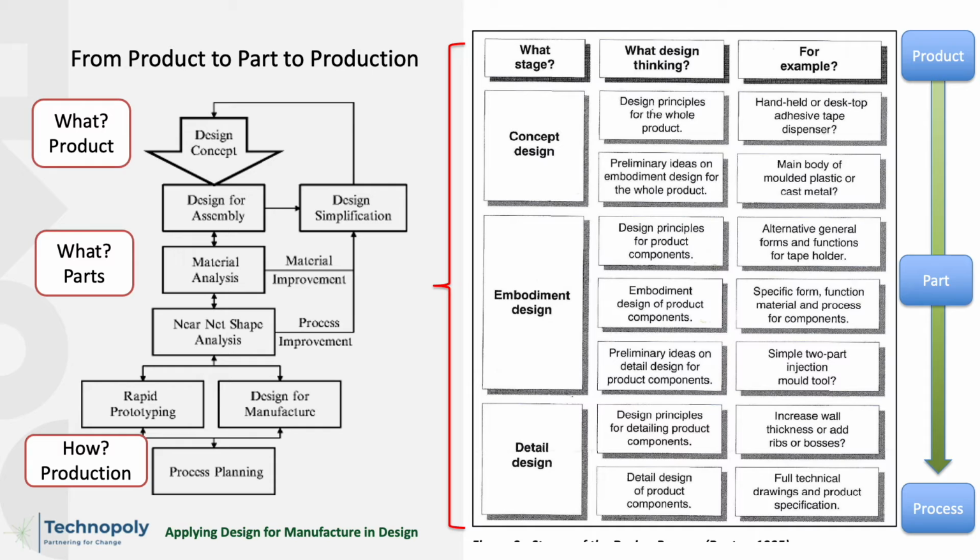In essence, when you look at the entire flow here, we now look at designing our product with an approach that's going to be guiding us to making sure that step by step, from product to part to process, we get to check the sensibility of our design as early as possible in the design concept before reaching the actual production later on.